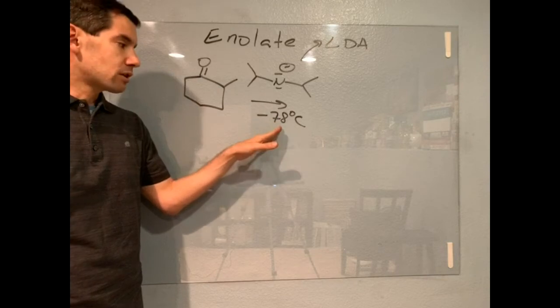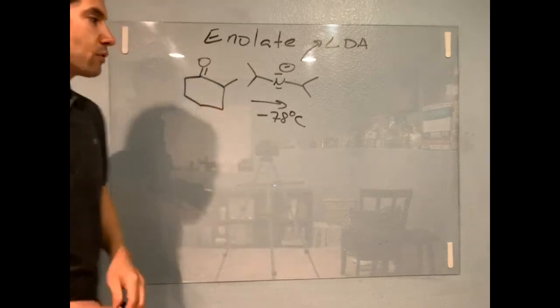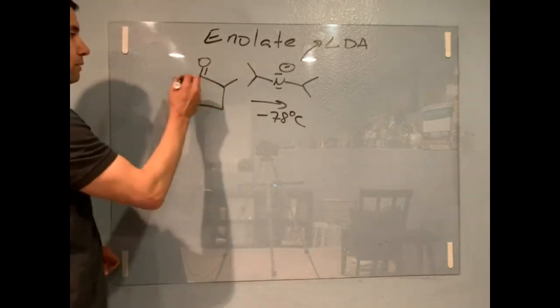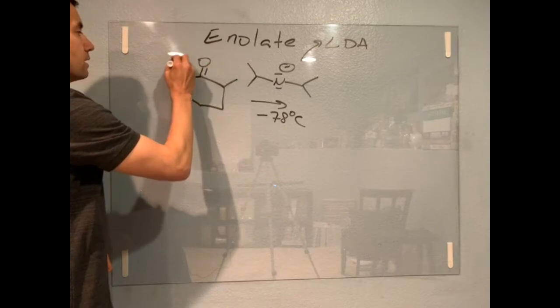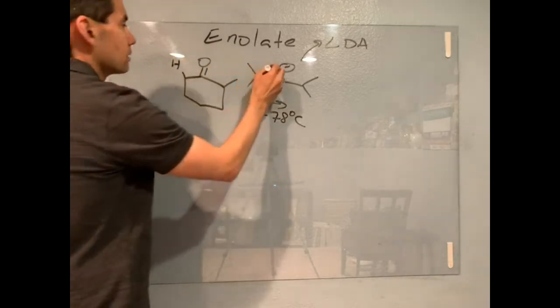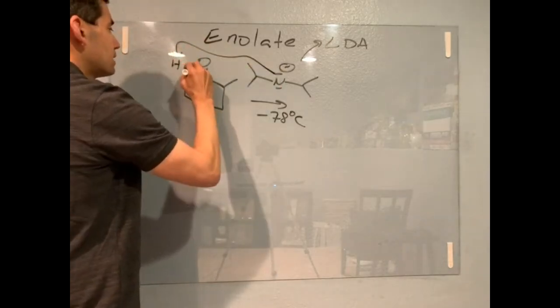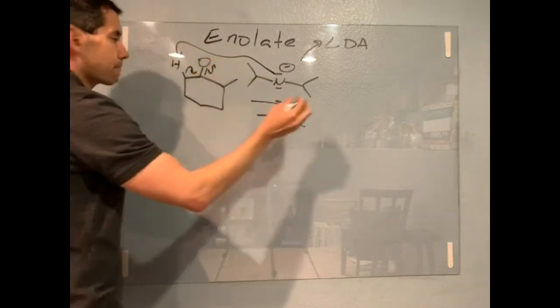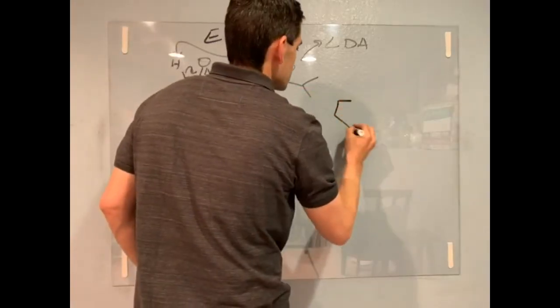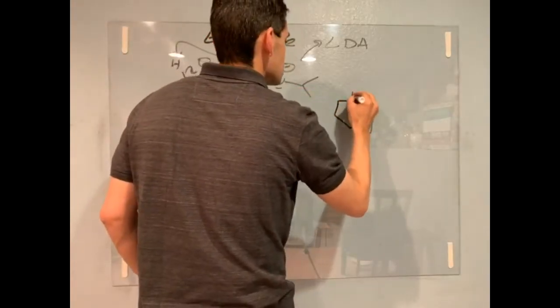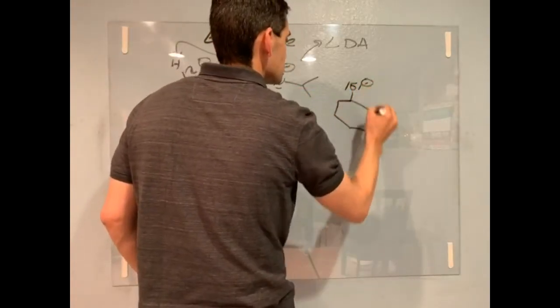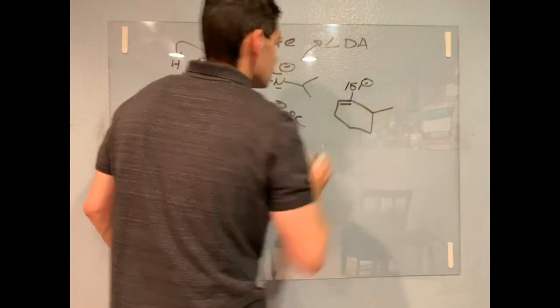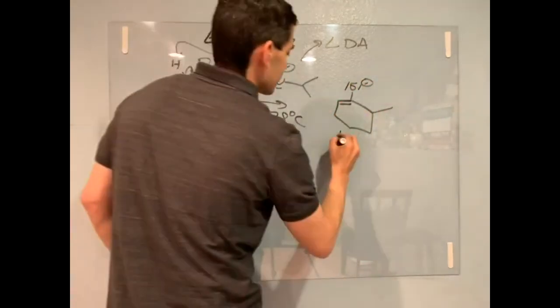It's at such low temperature that it's not going to equilibrate into the more thermodynamic form. We're just going to form it real fast, and then it's just going to sit there. Because remember, we talked about this already. This isn't the most stable form, right? And so we formed our kinetic enolate.